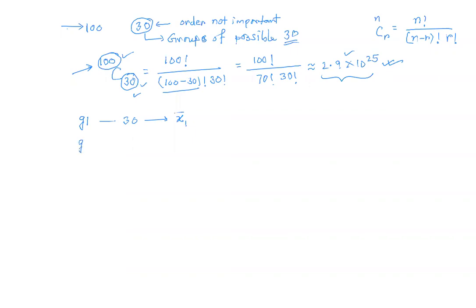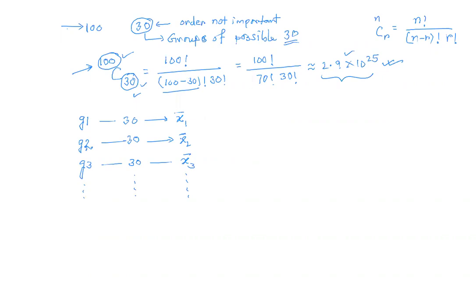For group 2, again, I pick another 30 people and find some average for them, okay? Whatever it is I'm measuring, I'm finding the average. For group 3, I'm doing the same thing, 30, x3, and I keep going down, keep going down.